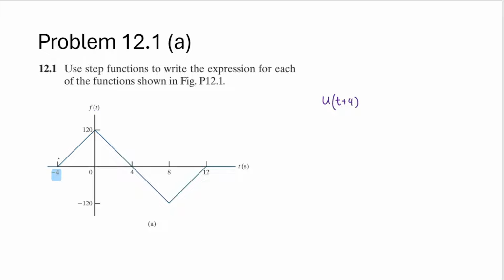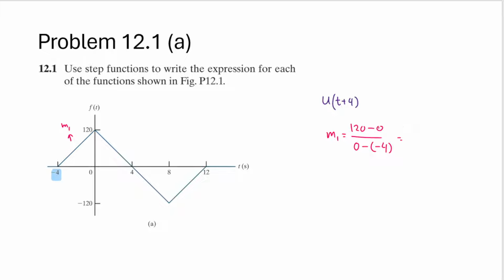We have a ramp function here, or a line with some slope. Let's name the slope of this line m1. Remember, from the line equation, we can find this slope: (120 - 0) divided by (0 - 4).